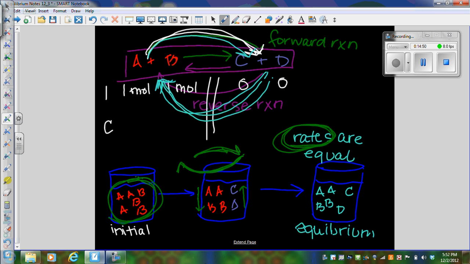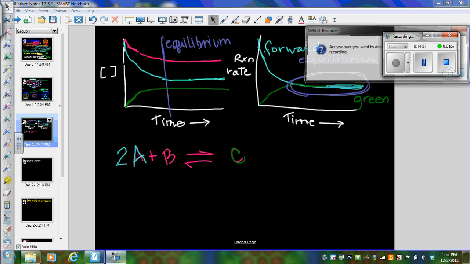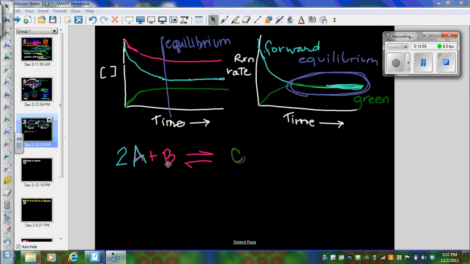And that process continues until those two rates are equal. And then we are at a state of equilibrium. Okay, so macroscopically, we're not really seeing anything.